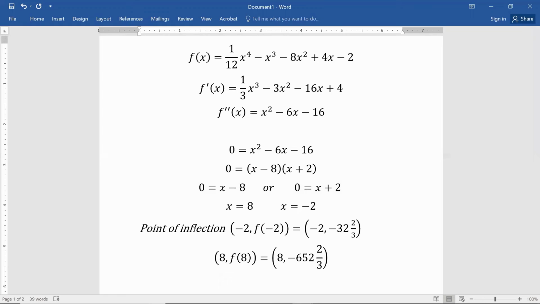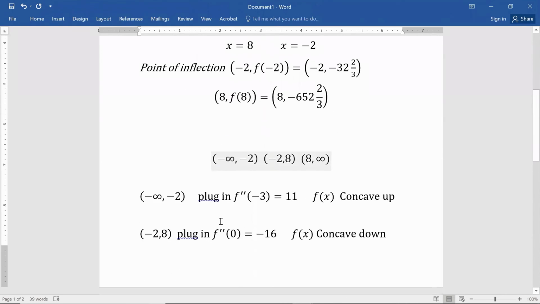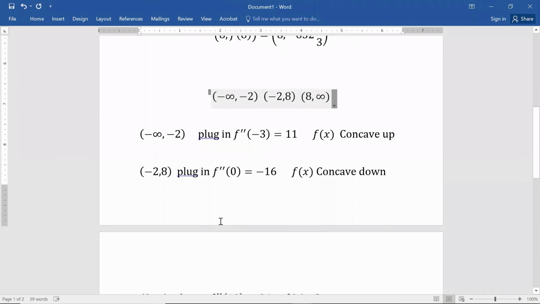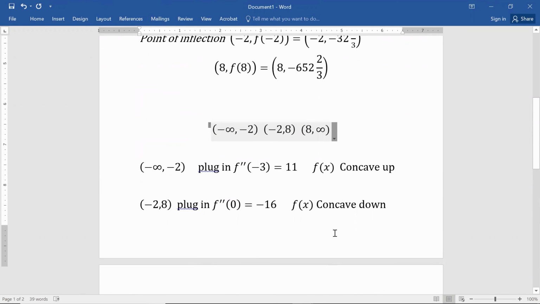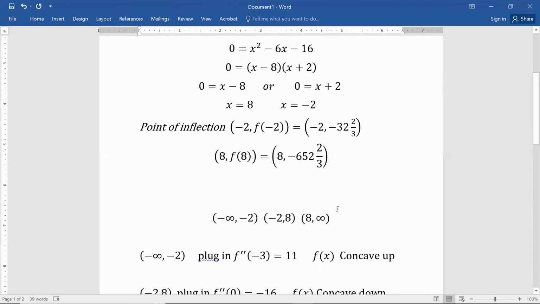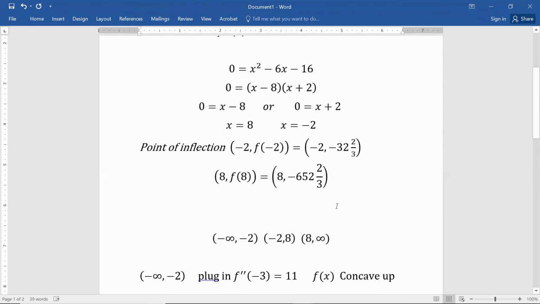But we know that these two are points of inflection because we've already calculated that at -2, it changes from concave up to concave down. And at 8, it changes from concave down to concave up. So we already know those are points of inflection. Otherwise, you probably should check that we go from concave up to concave down or the other direction.